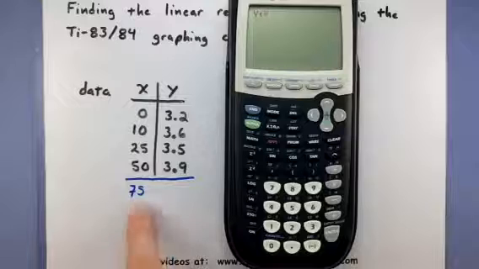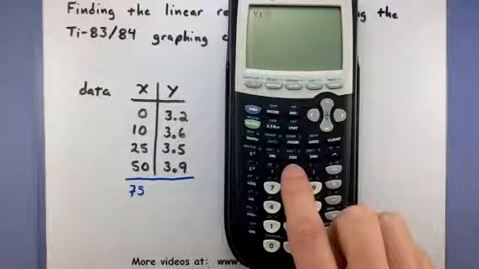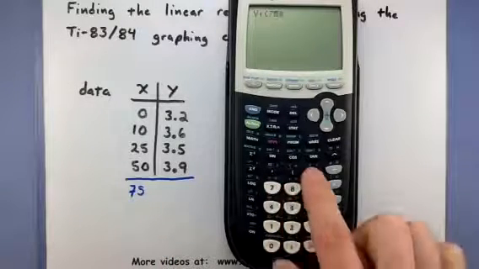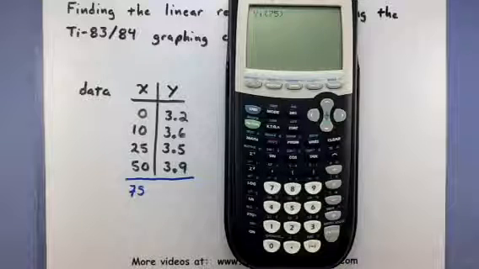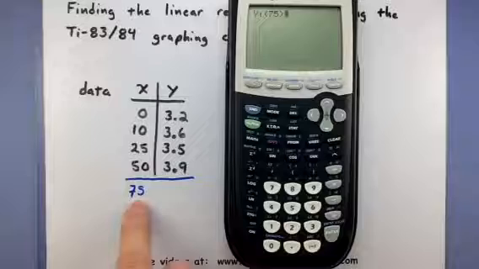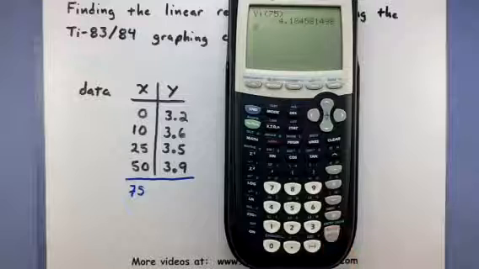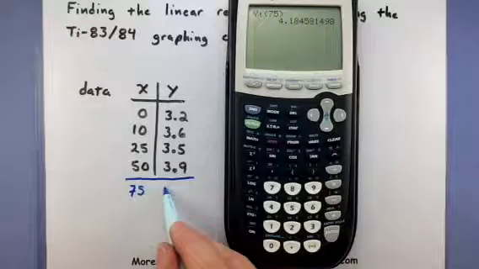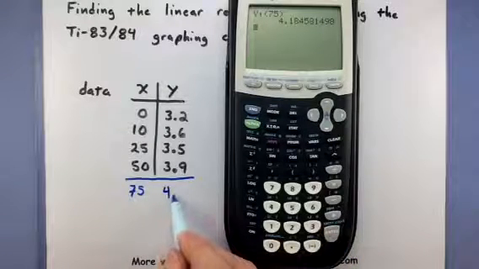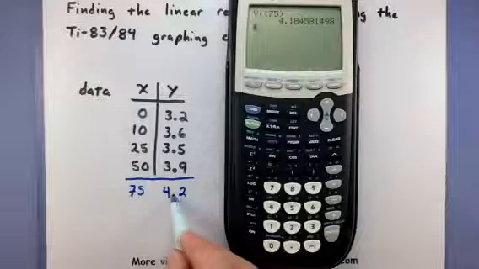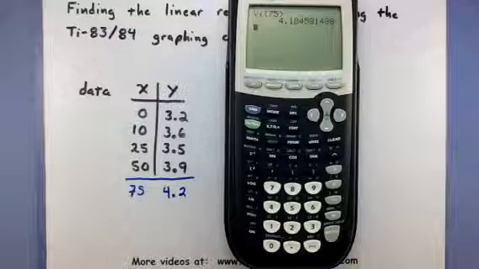Now I'm going to feed it this input of 75, parentheses 75, close parentheses. So this is telling the calculator to take x equals 75, plug it into our linear regression line, and give us the output. Press Enter, and it looks like according to that linear regression line, it predicts this to be about 1.2. Alright, and there you go.